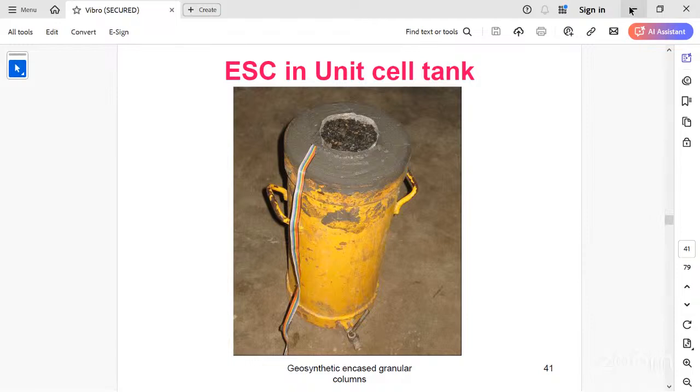Can you see the MS Word text on my screen, Vishal? The screen is actually not visible, sir. Only the unit cell tank is visible. Okay, I think I will have to share it once again. Just 1 minute, I know the problem. Stop sharing.